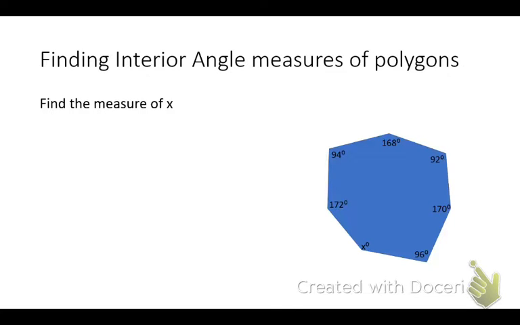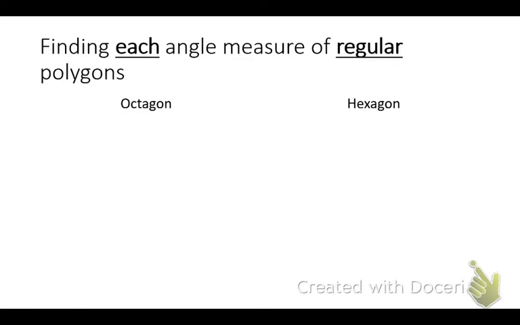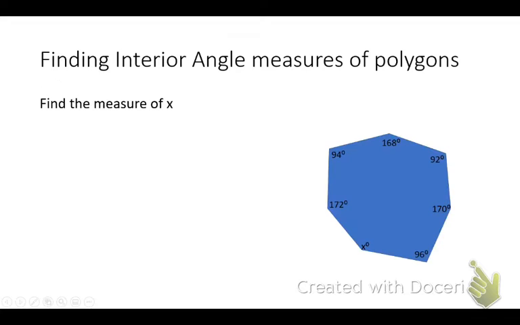When you added all the angles together that you knew, what was that total? 792. Okay, so it was 792 plus X equals 900. How did I come up with 900? Where did that come from? Your formula. Okay, the formula, because this is a seven-sided figure.